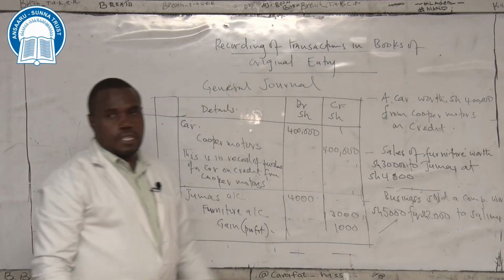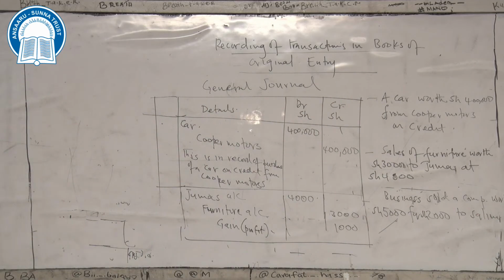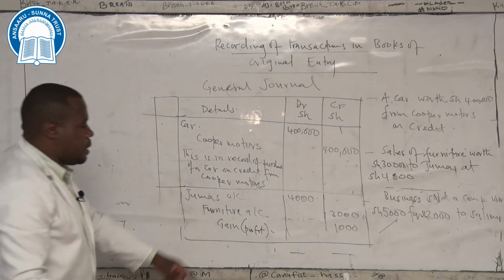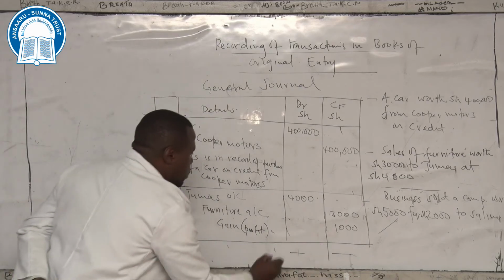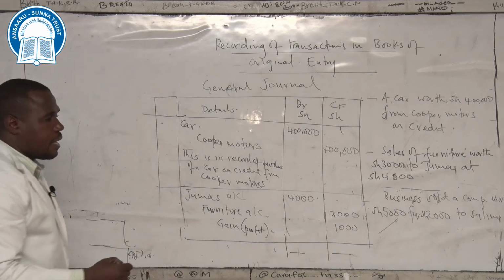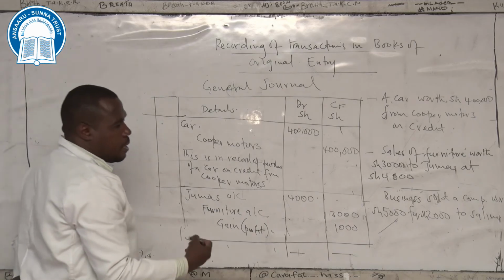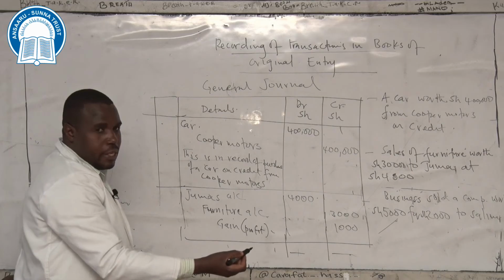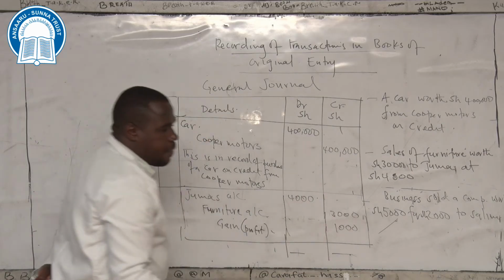If you look at that transaction, a loss has been made. And since a loss has been made, for you to record that transaction, you will first show the account to be debited, which gains an amount.